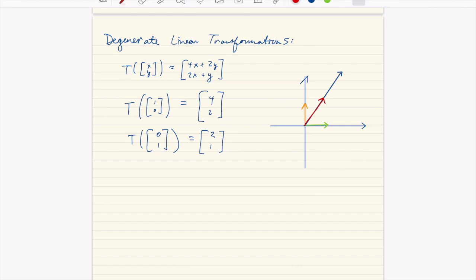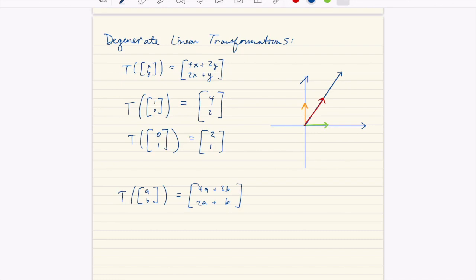And let's think about if I were to pick any arbitrary point (a, b). We already know the general shape of the transformation, but if I were to apply this linear transformation to (a, b), you're going to send this to (4a + 2b, 2a + b).